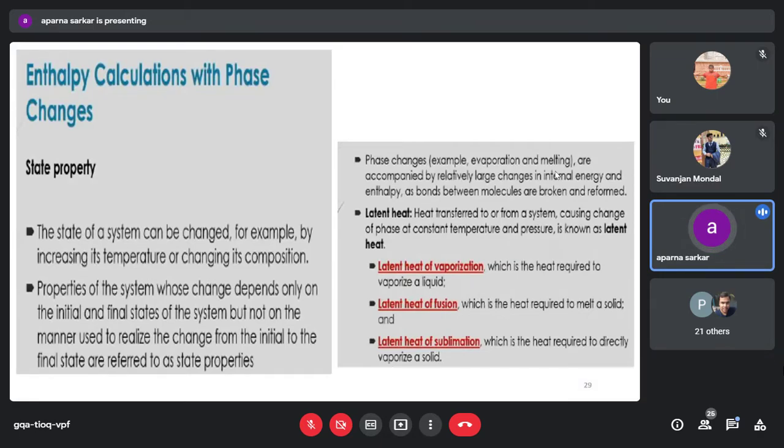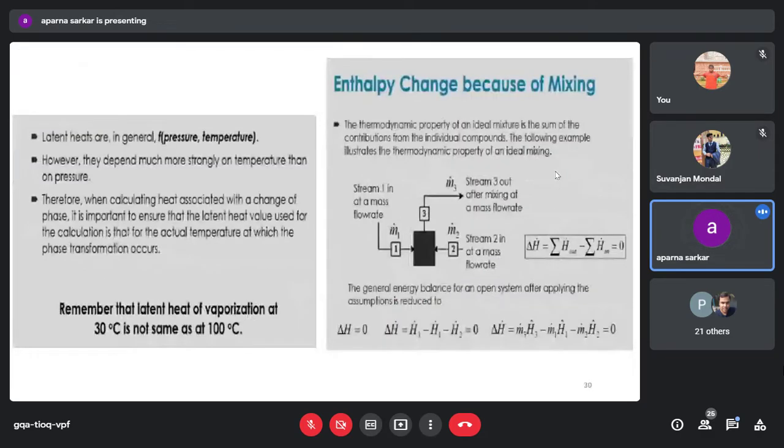Sublimation is the heat required to directly vaporize a solid; that is known as the latent heat of sublimation. Latent heats are a function of pressure and temperature.